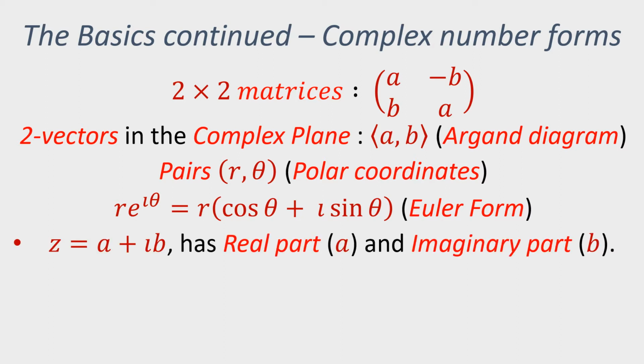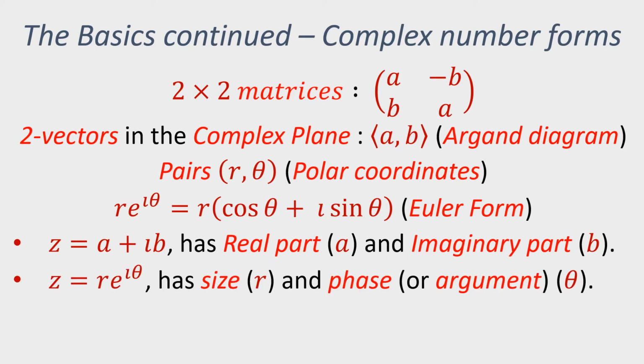We said we have the standard form, some real number a plus i multiplied by some other real number b. So we have what is referred to as a real part and an imaginary part.